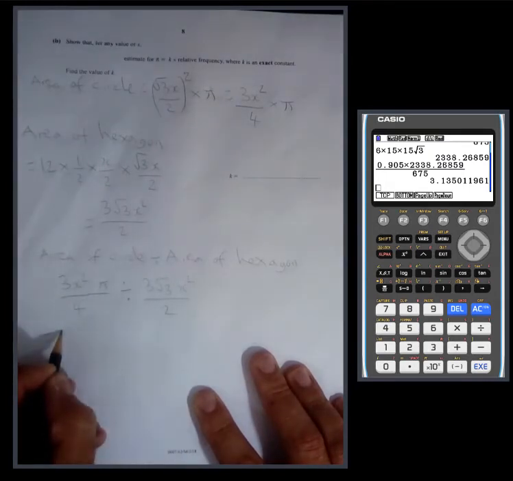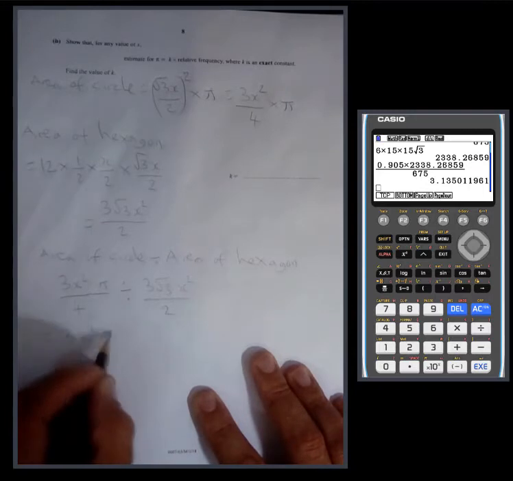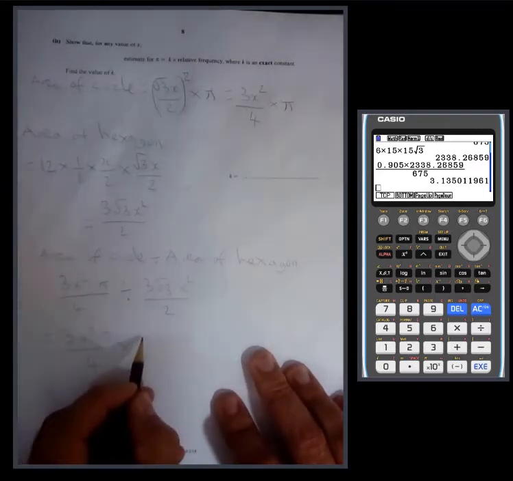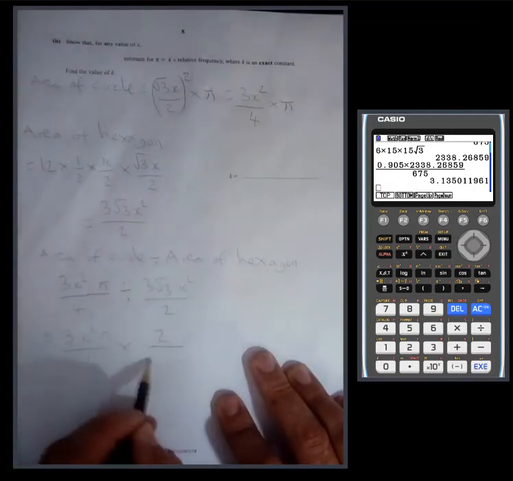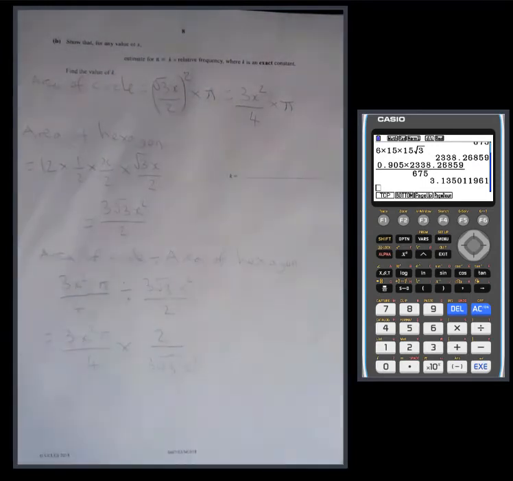So that is 3x squared pi over 4 times, flip this, 2 over 3 root 3 x squared. So now that is area of circle over area of hexagon.